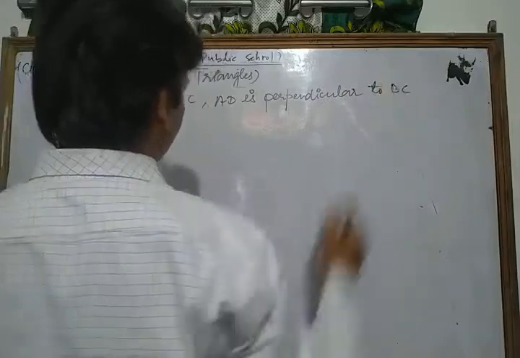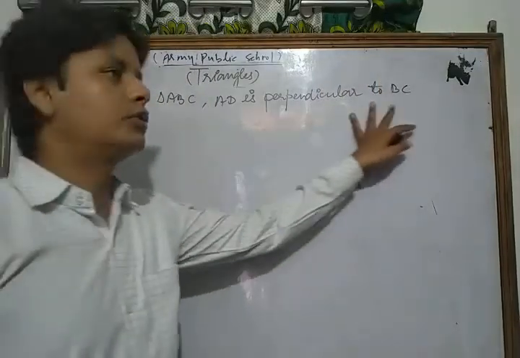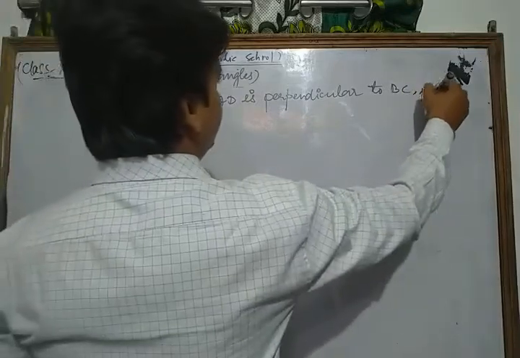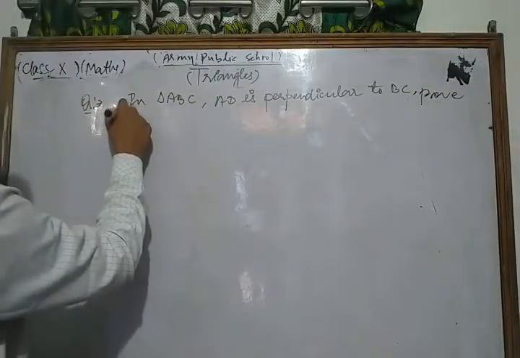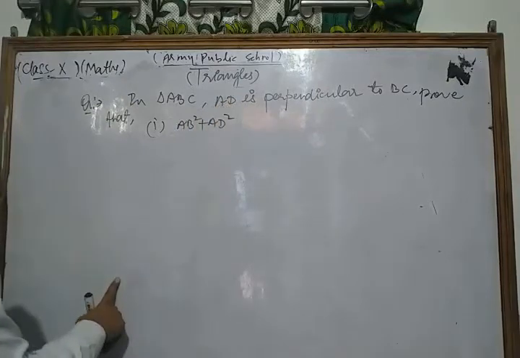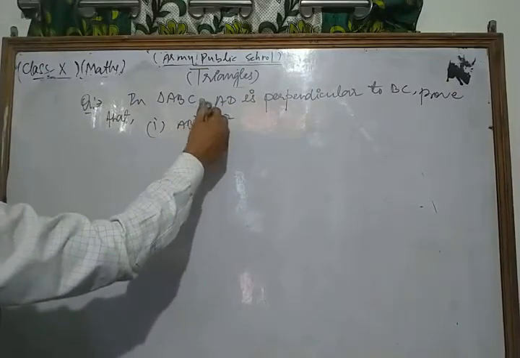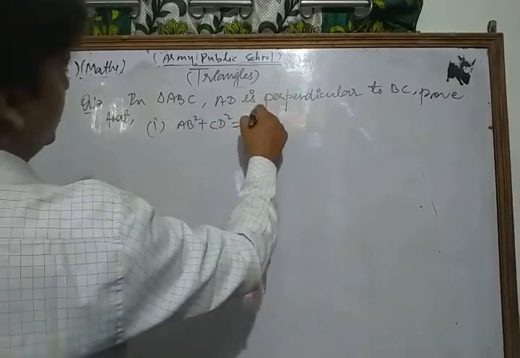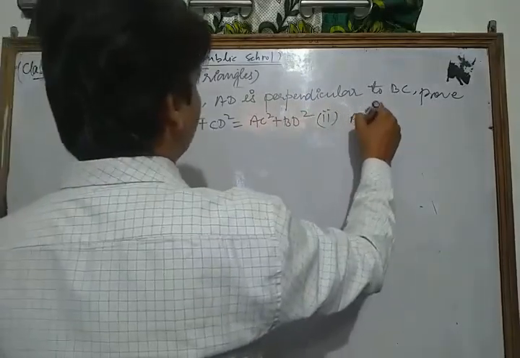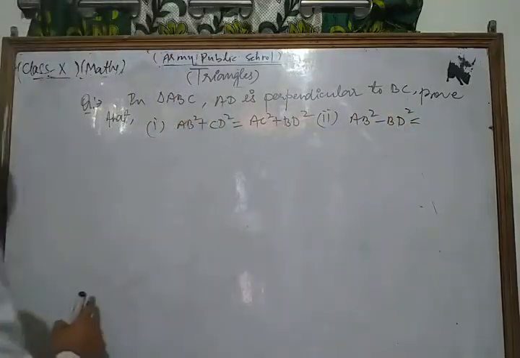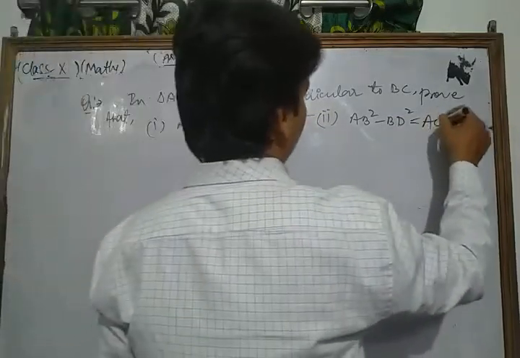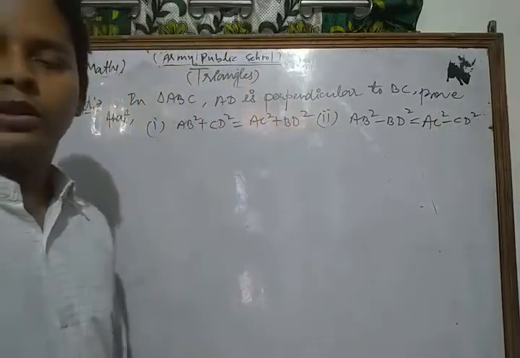Prove that, first, AB square plus CD square is equal to AC square plus BD square, and second, AB square minus BD square is equal to AC square minus CD square. Now let's see its proof.